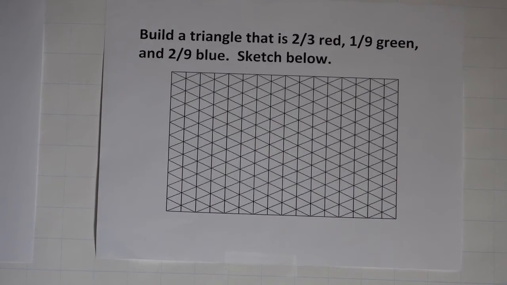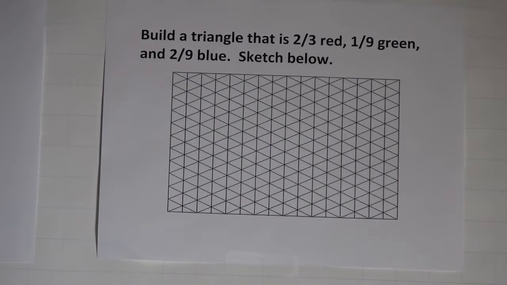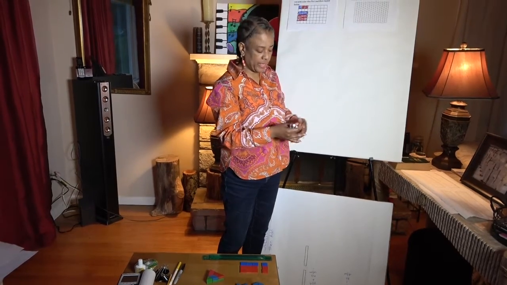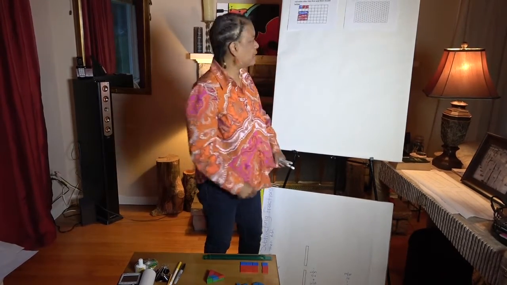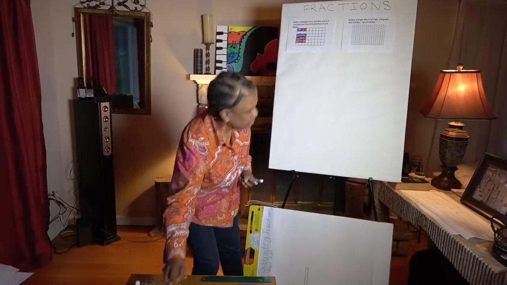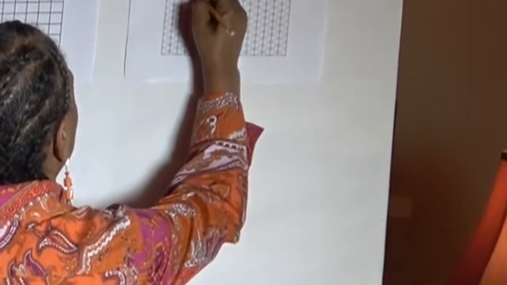Now, what you can do is you can have students come up to the board and then draw the triangle out. And so let's see if I can find 9 of those. I'm going to start with the pencil. So here's my triangle.